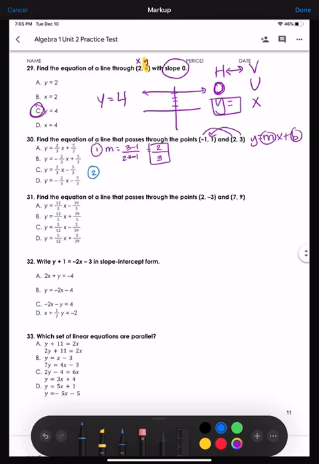Step 2 will be to find b. So I'm going to pick a point. I'll use this one right here. I'm going to plug this in for x and y. 1 equals m times x plus b. 1 equals 2/3 times -1, which is -2/3, plus b.